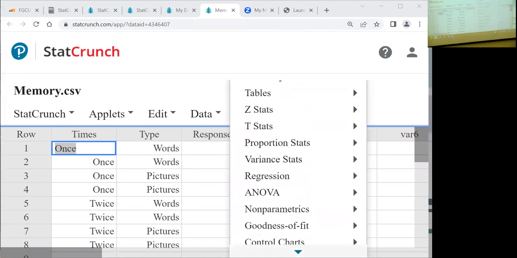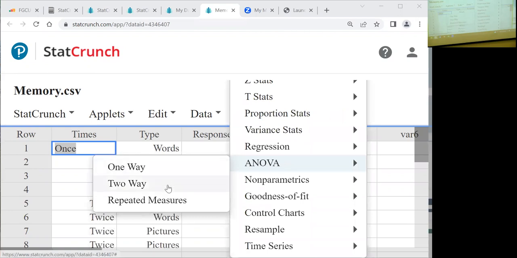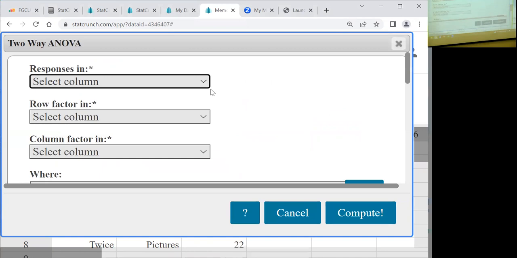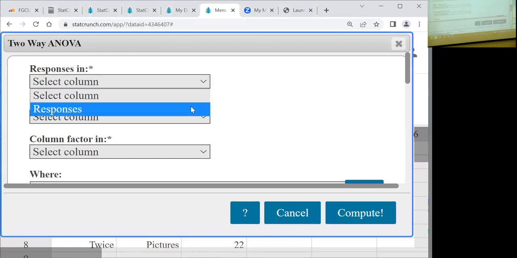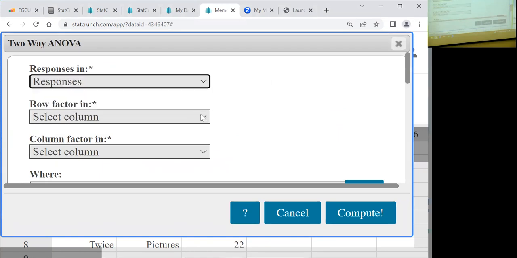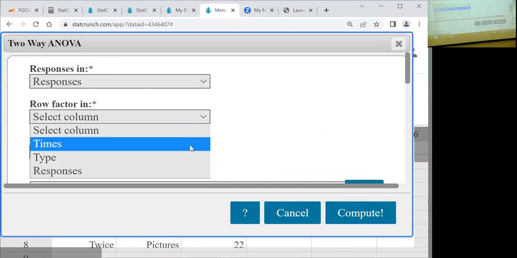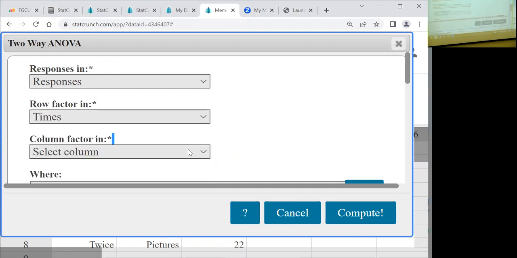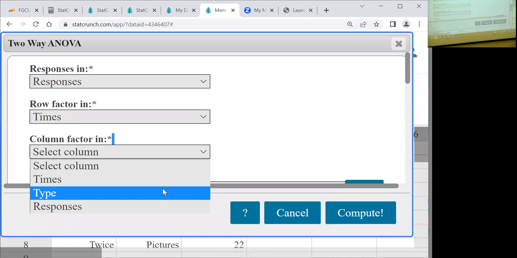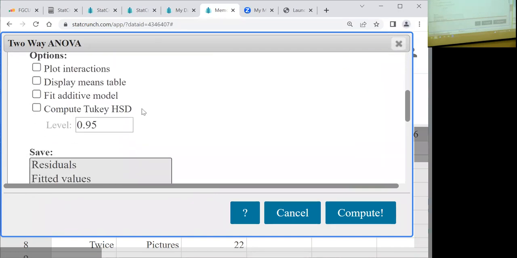So we do another two-way ANOVA. Select again responses in the responses column. Row factor is times, column factor is type. Let's select plot interactions.